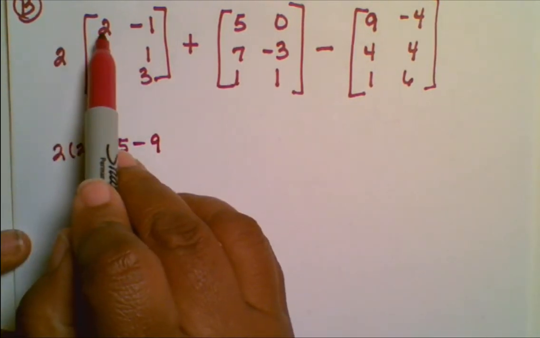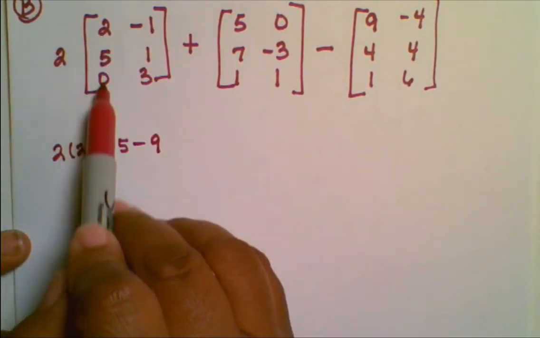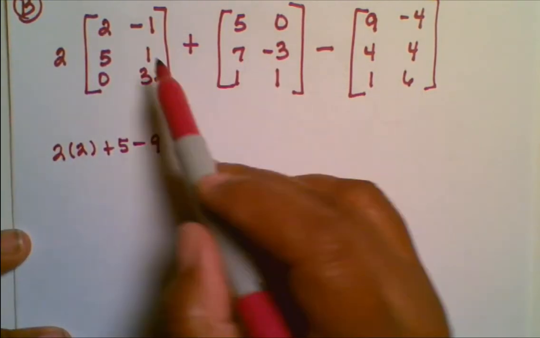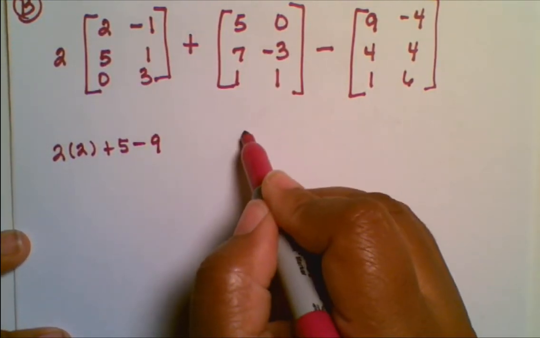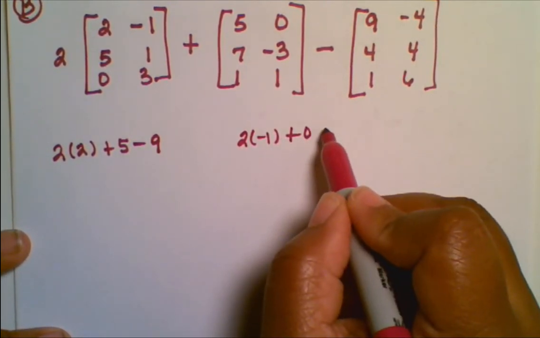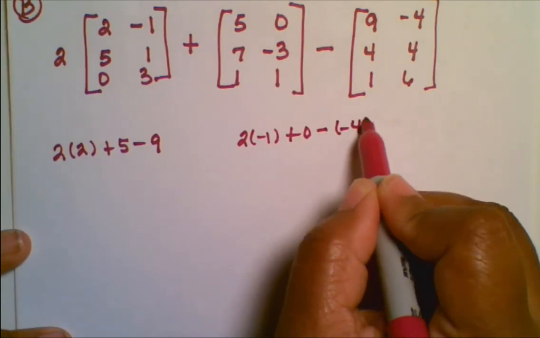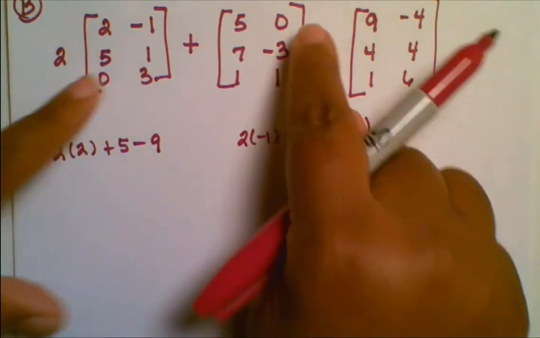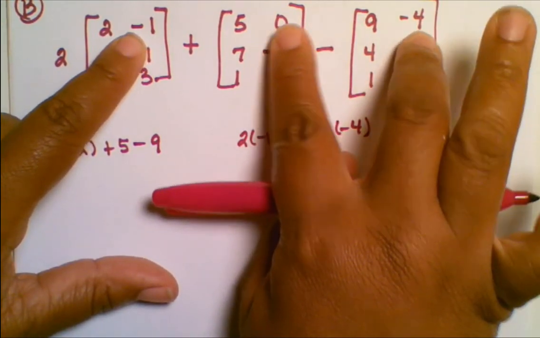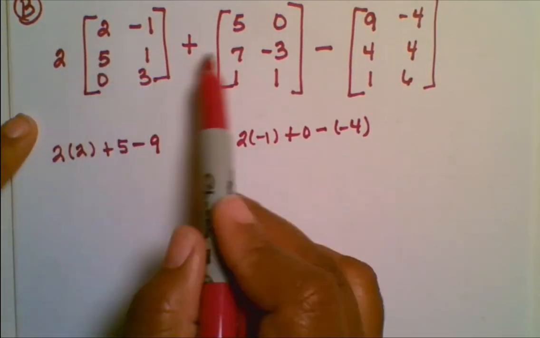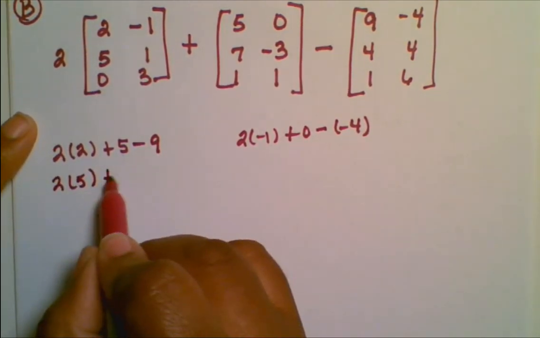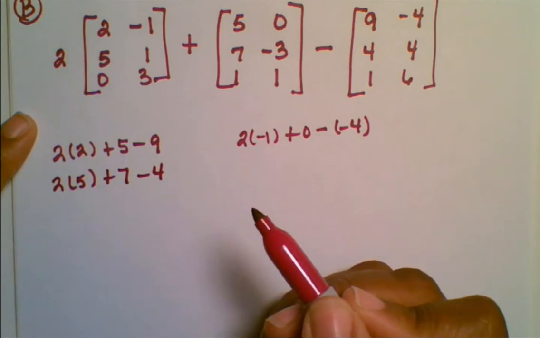We go in that order. The next one, first row, second column, we have 2 times -1 plus 0 minus -4. Second row, we have 2 times 5 plus 7 minus 4.